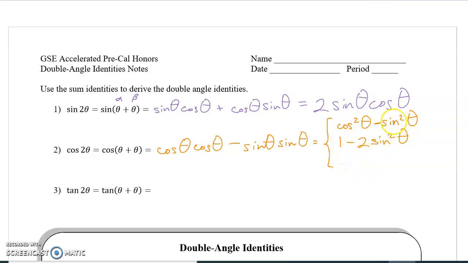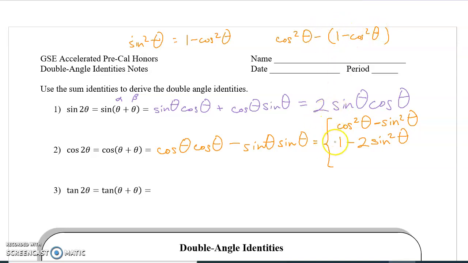So if we want to get rid of the sine, we have to replace it with something else. So remember that 1 minus cosine squared of theta is the same thing as the sine squared of theta. We know that because that's our favorite identity in disguise. So if I take cosine squared of theta minus sine squared of theta, but replace the sine squared theta with 1 minus cosine squared of theta, then I realize, oh, I'm subtracting a 1, but I'm also subtracting a negative cosine squared of theta.